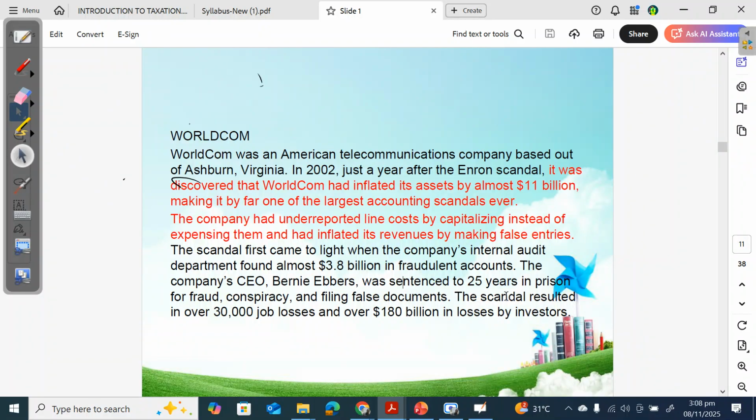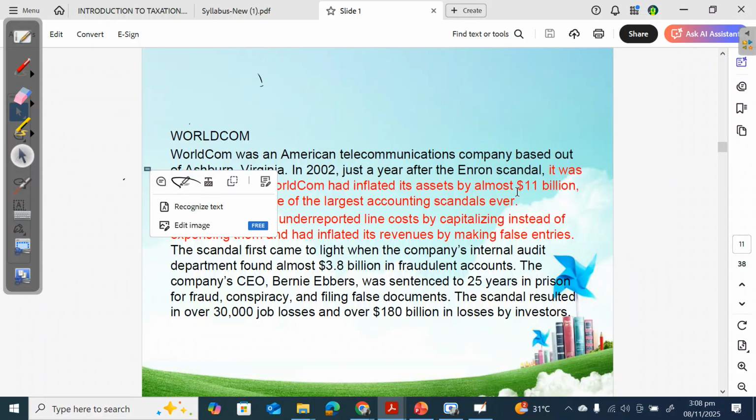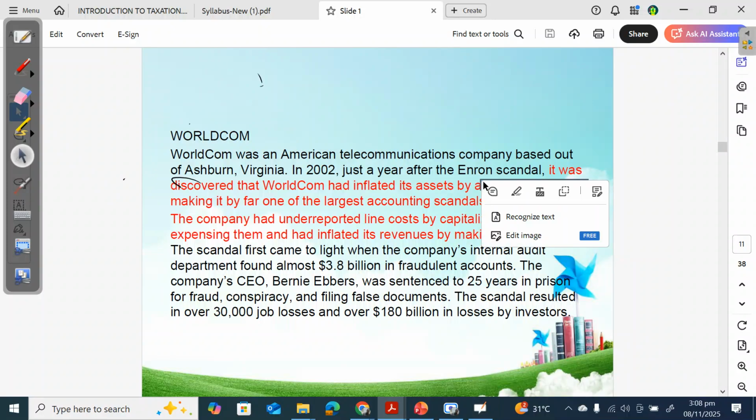The scandal also resulted in over 30,000 job losses. A lot of people lost their jobs, and investors lost over 180 billion. So you can see the impacts, and it's all because of poor financial reporting.